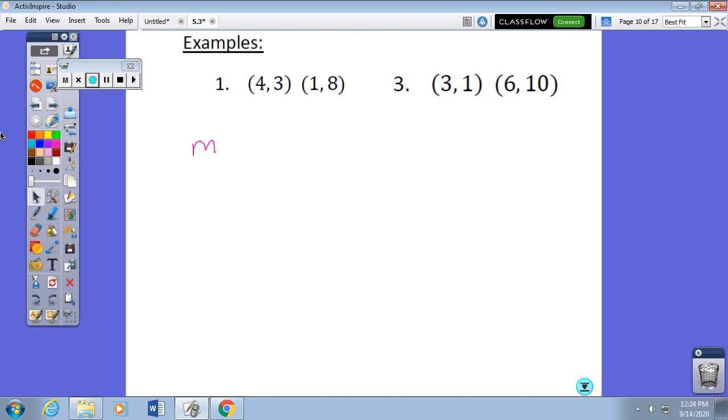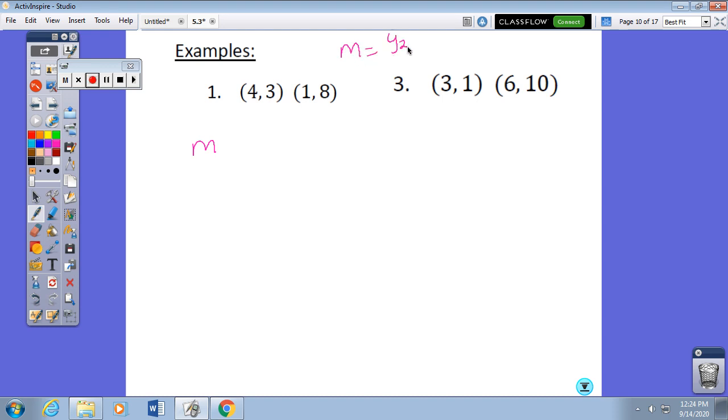M equals, you already have it on your page, but I need to write it: y2 minus y1 over x2 minus x1. So really what you need to do is to be very careful. Your x's go on the bottom, which is opposite than what our brain wants us to do. We usually would like to stack. But we're going to label x1, y1, x2, y2. And then we're going to put them into place.